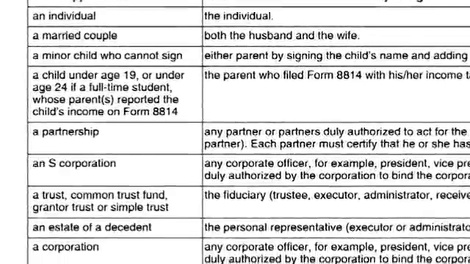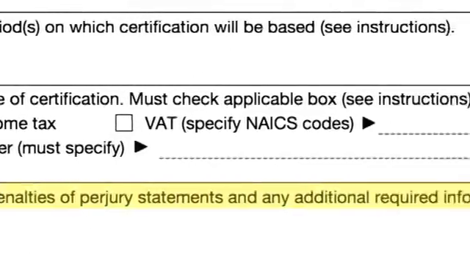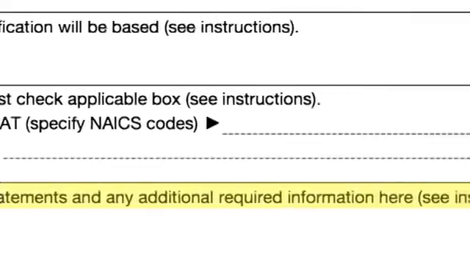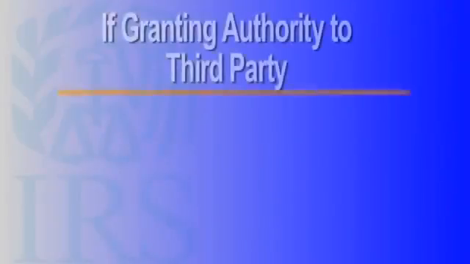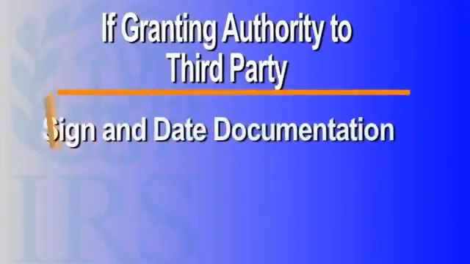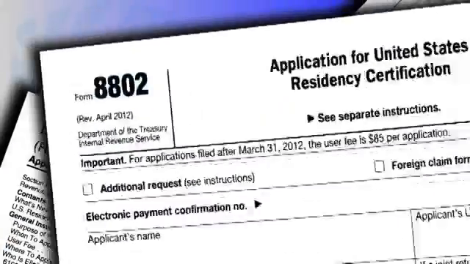If none of these apply, enter a statement on line 10 and attach the appropriate documentation to identify the individual's authority to sign. If you are granting authority to a third party, you must sign and date the documentation. Please include a phone number where we can reach you during the day if we have any questions regarding your request. After completing the form, take a few minutes to review your application.